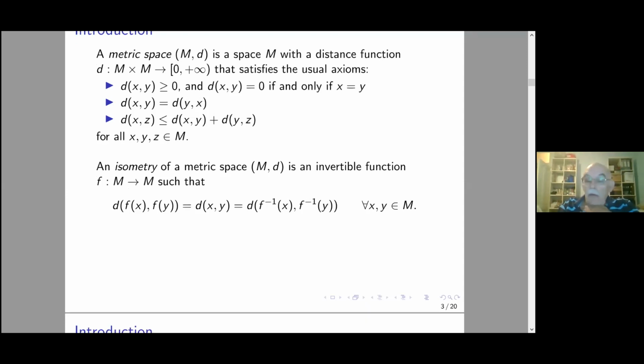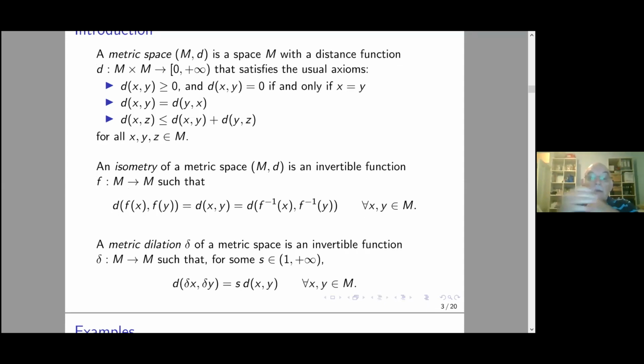And what else? I guess metric dilation. A metric dilation is something that if I take a metric space, it makes it get bigger in some sense, or it makes points get further apart. So there's some number S, the dilation factor.